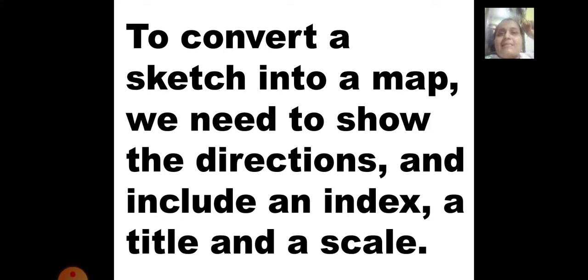And index means what? The things which are shown on a map are drawn in a small box below the map, and that is called an index. Suppose a map is shown of a particular area. In that area, whether there is a hospital, a garden, a market, or a river, in the index all these things will be mentioned with their particular symbols. If it is a mountain, a triangle may be shown. If it is a river, a wave line may be shown.